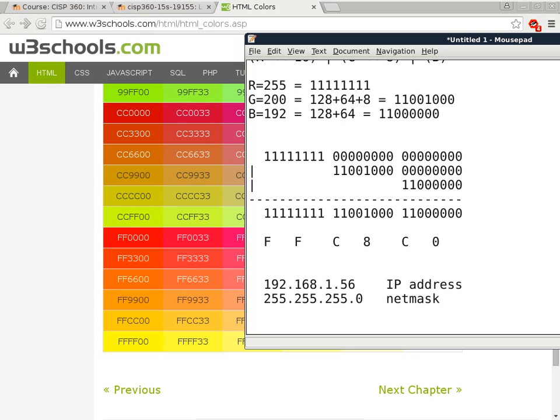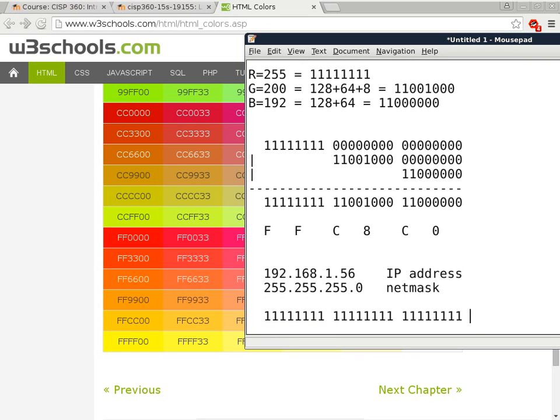Now 255 is kind of a special value, because now we start to understand why 255 is such an important value: it is all ones in binary. So what this really means is that the net mask is basically 1111.1111, repeated 3 times, and then we have just zeros here.